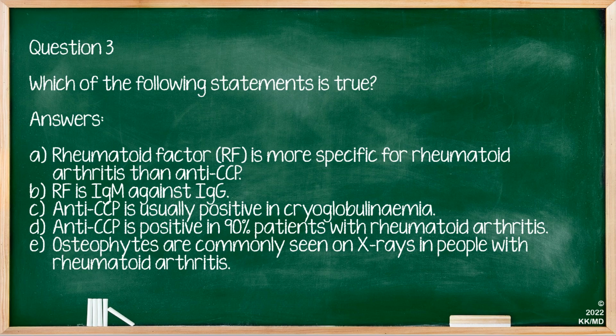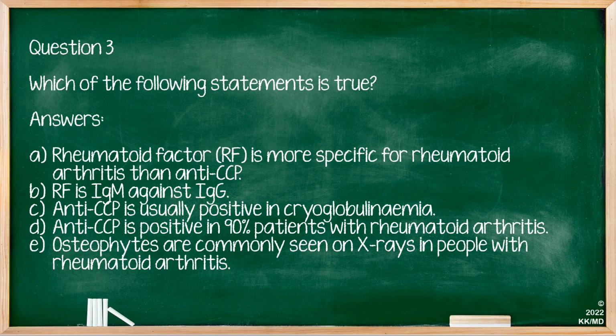So if we look at each statement in turn, as we discussed, rheumatoid factor is not more specific for rheumatoid arthritis than anti-CCP. Anti-CCP is the more specific antibody. In this case, answer B is the correct answer. So rheumatoid factor is IgM against IgG.